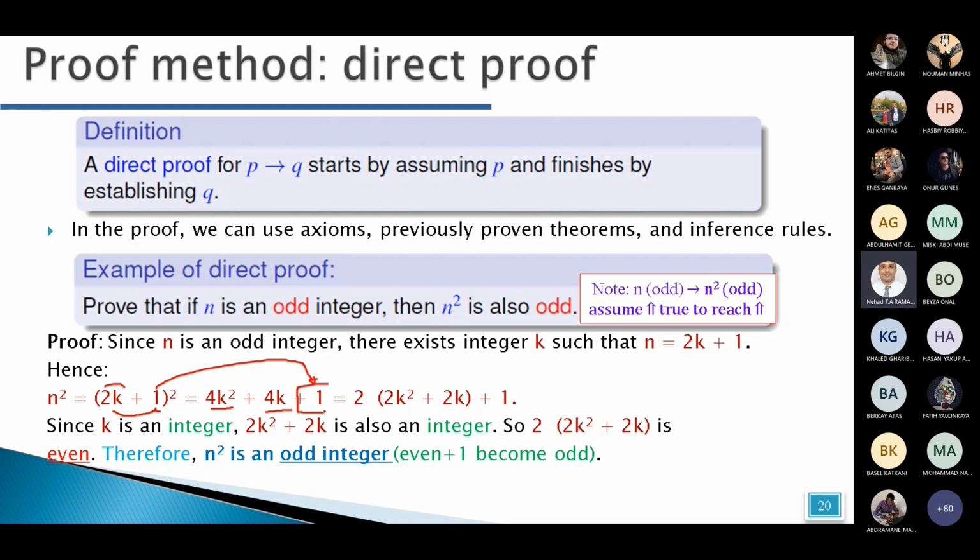Okay, now we have plus 1. We need to get the plus 1 alone, a plus something multiplied by 2. Something multiplied by 2 plus 1 means odd. Yes?